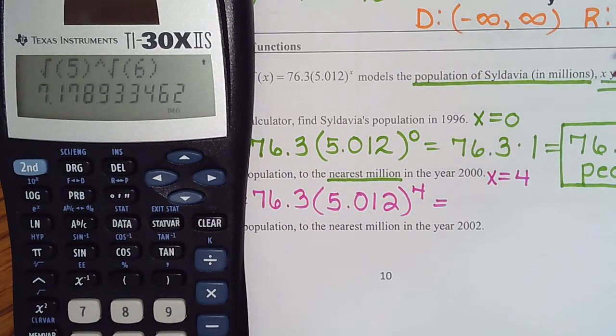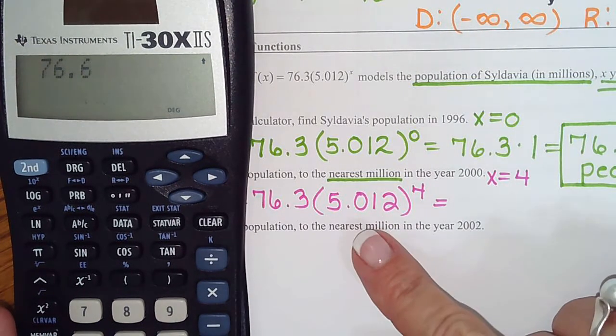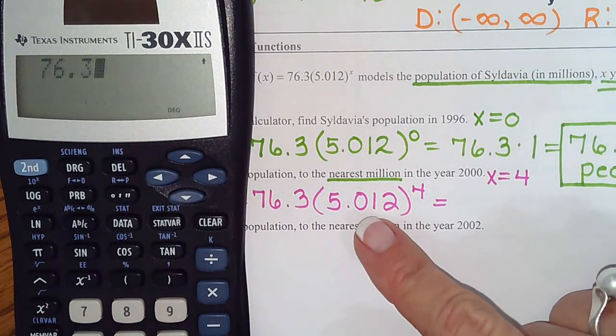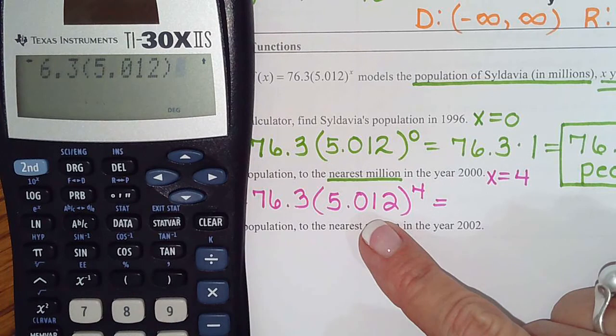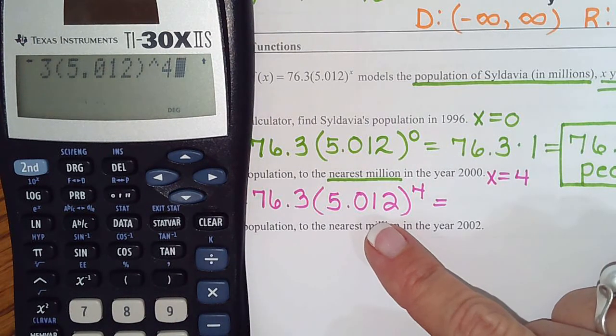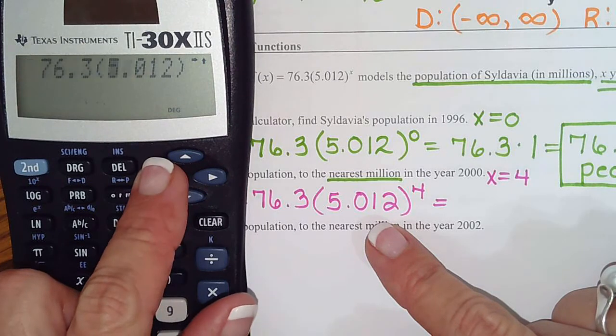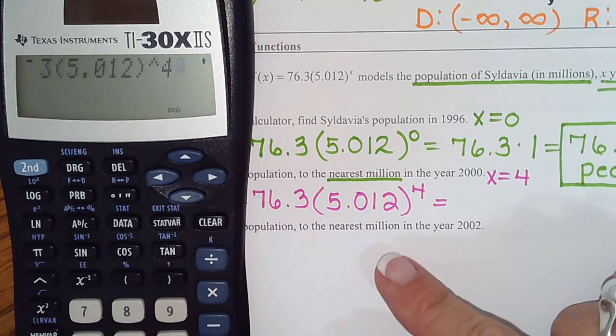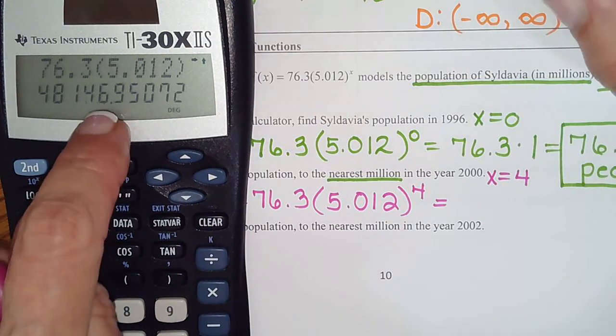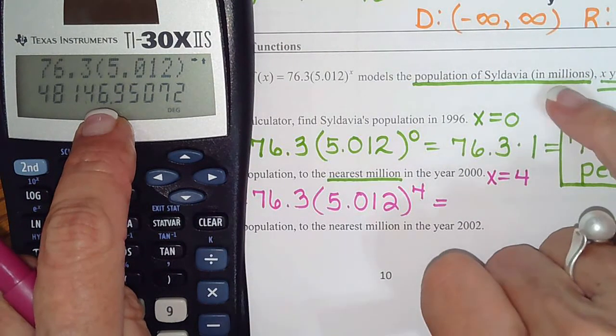So now let's type it in the calculator. 76.3, oops, not 0.6, 0.3, parentheses 5.012 to the 4th. And let's just make sure that looks good. Yep. This is the millions place because it's in millions.